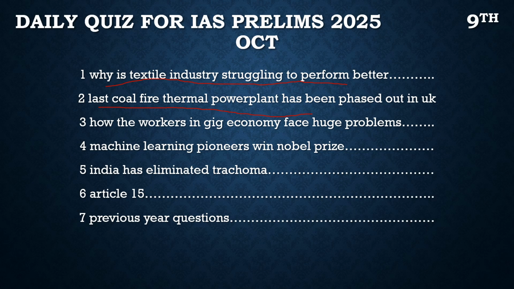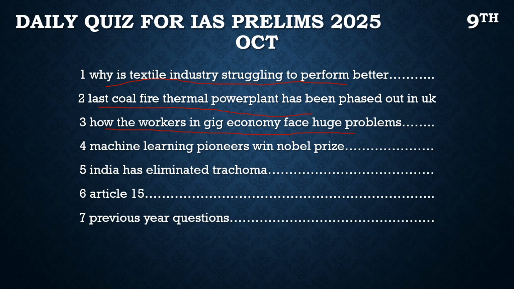Then the third article in the news is about how workers in the gig economy face huge problems. We have discussed this topic many times. These are contract-based workers who serve the economy hugely, but they don't have any job security, social security or safety.